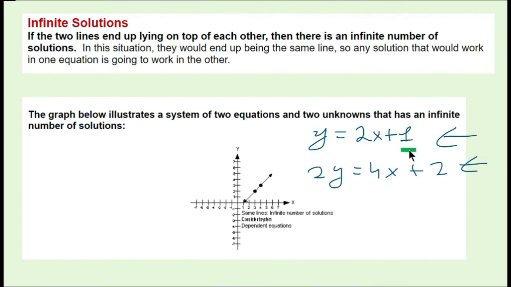Their y-intercept is the same, right? And their slopes will be the same if you just divide everything by 2 here. And therefore, these two equations will lie on top of each other. That means they will cross each other infinitely many times. And that means that system has infinite solutions, so infinity.